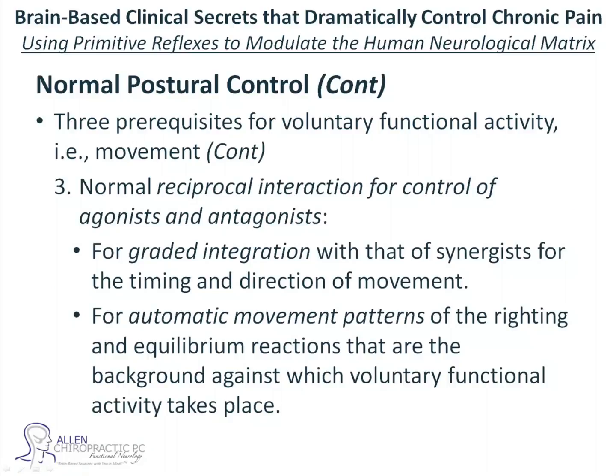And then number 3, normal reciprocal interaction for control of agonists and antagonists. This is for graded interaction with that of synergists for timing and direction of movement, and then automatic movements for righting and equilibrium reactions, and these are more unconscious responses.